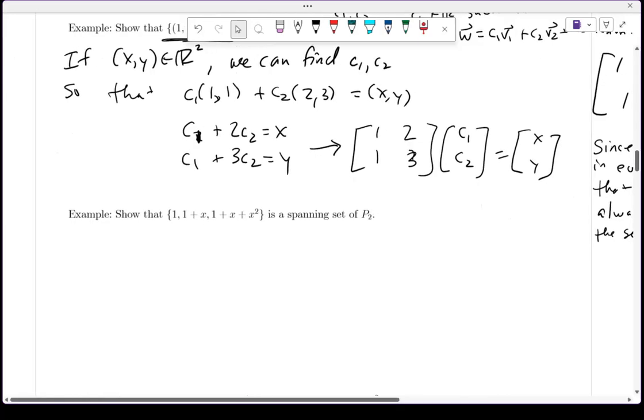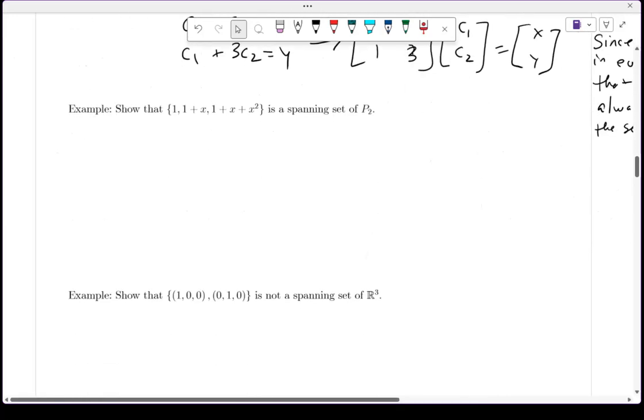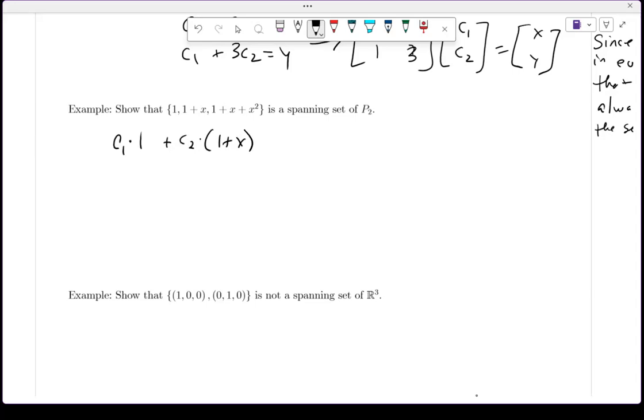Okay. All right, let's look at this next example. We want to show that this is a spanning set for P3, or excuse me, for P2. Same idea here. If I take any arbitrary polynomial, I want to solve this equation.